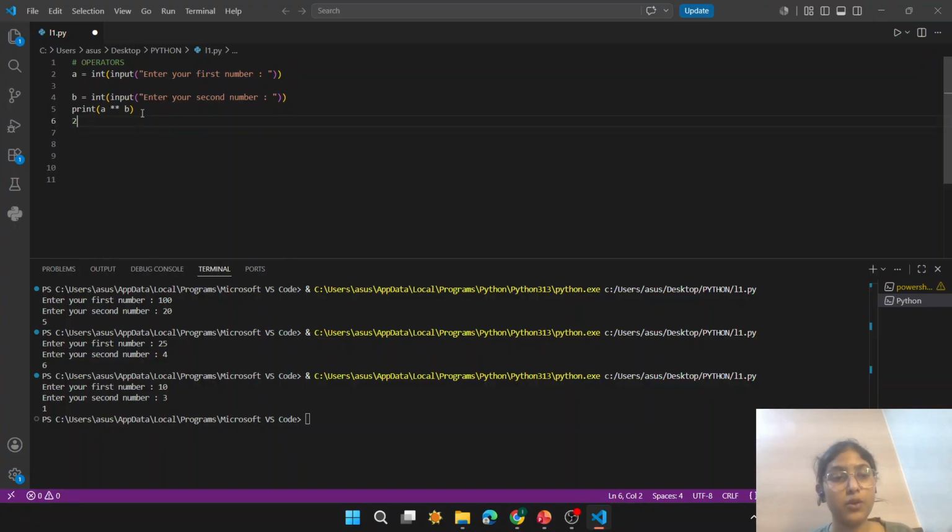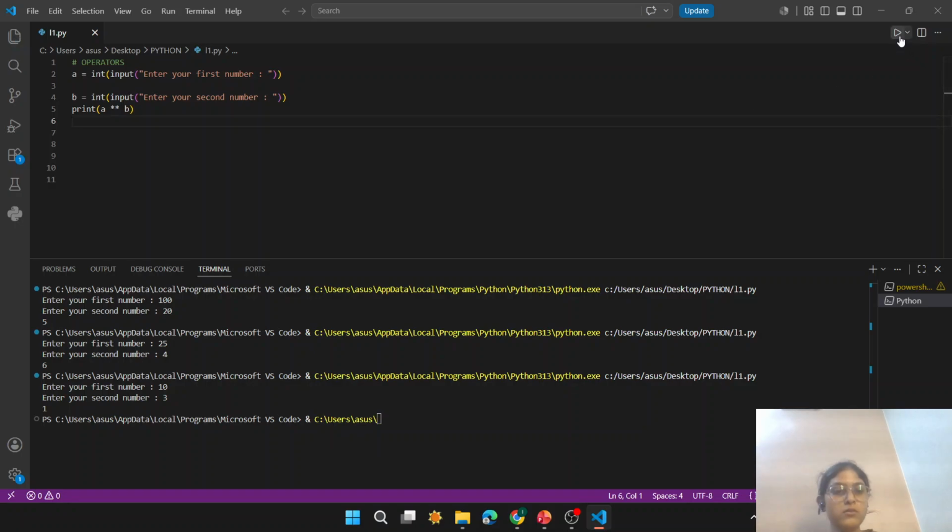In Python, if you want to raise anything to a power, you have to do it like this. 2 is your base and 3 is your power, so you multiply 2 into 2 into 2, 3 times. Remember, the first one is your base, and the next one is your power.